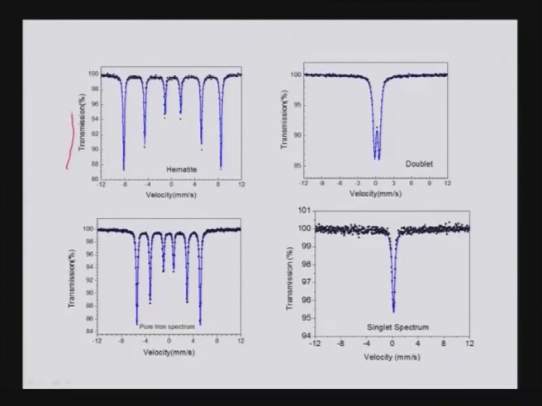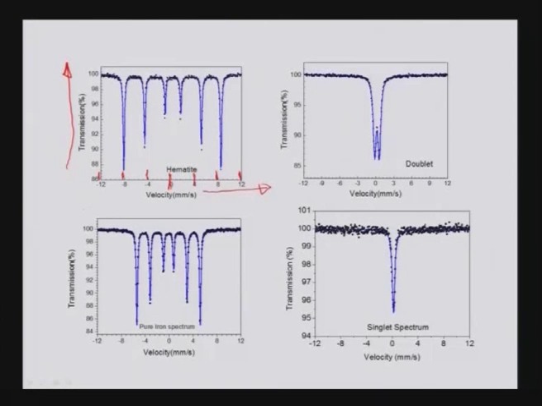This vertical side is how many gamma rays I am getting through the absorber, the counts, and on the horizontal side you have the velocity, the Doppler velocity of the source, in millimeters per second: 0 here, then plus 4 millimeters per second here, plus 8 here, plus 12 here, and minus 4, minus 8, and minus 12 millimeters per second.